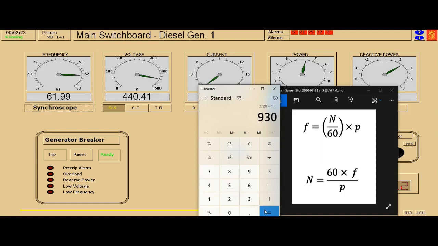Substituting the values gives us 930 RPM.